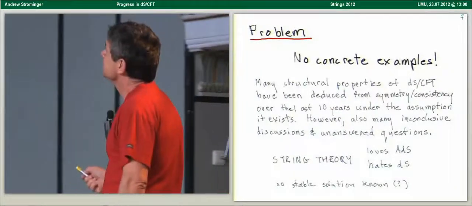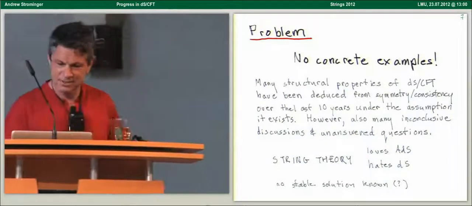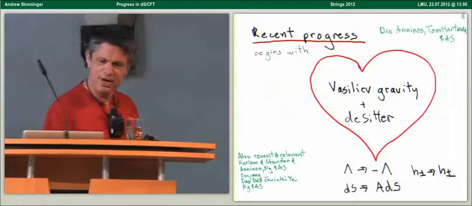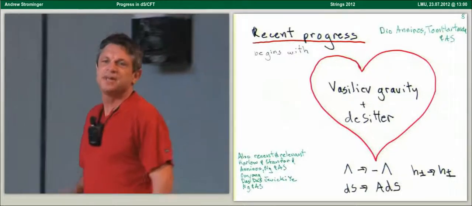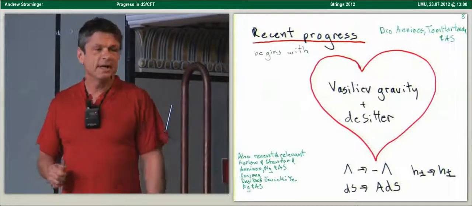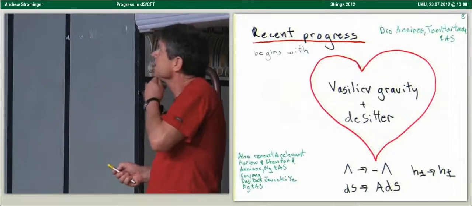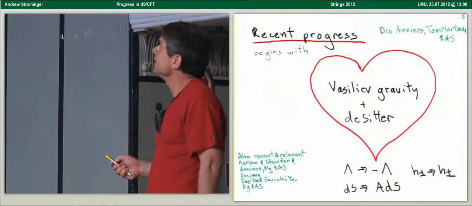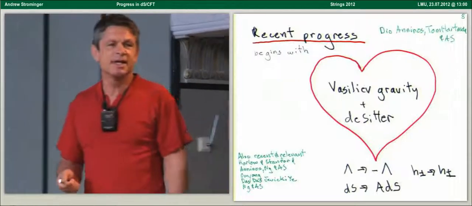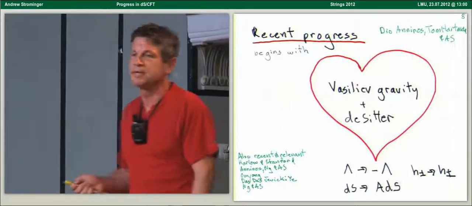And as much as string theory loves anti-de Sitter space, it seems to hate de Sitter space. So the new progress is that there's a different theory of quantum gravity that has been discussed a lot recently, and of course it's very old, the Vasiliev higher spin gravity, which is equally comfortable in de Sitter and anti-de Sitter space, as was noticed in the very earliest papers on the subject.